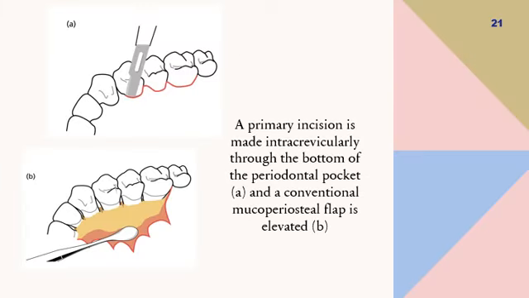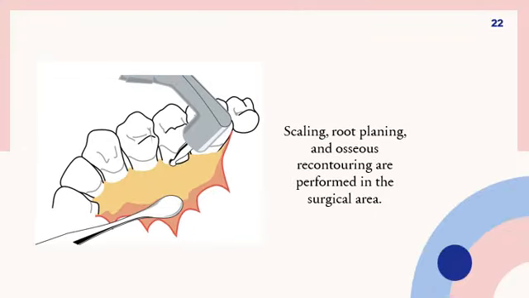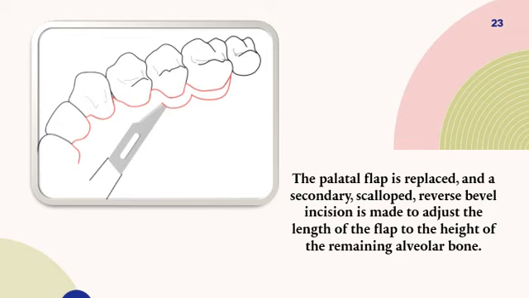In the beveled flap, the primary incision is sulcular, it's intrasulcular, and a conventional flap is elevated, scaling, root planing, and osseous recontouring is performed, and at the end of the surgery, the palatal flap is replaced and the secondary scalloped reverse bevel incision is made.